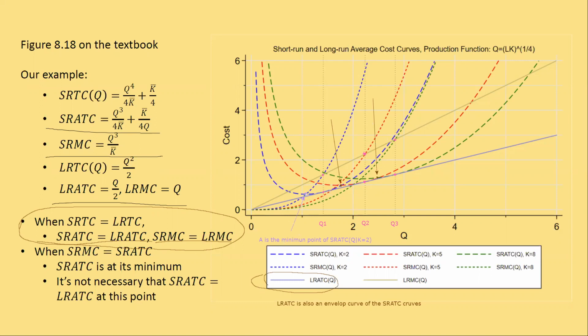And we see that this point A does not happen at Q1, right? Q1 is when our short run ATC equals our long run ATC. So let me say this again, the point at which the short run MC and the short run ATC intersect is not necessarily the point at which the short run ATC and the long run ATC intersect.